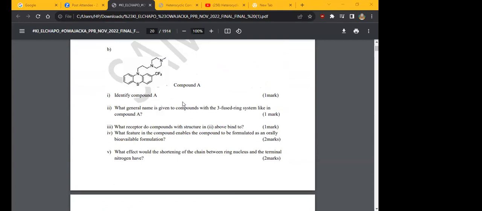Okay, so I think the only thing we can do with this ring is maybe the first and the second question, because the rest is medicinal chemistry.